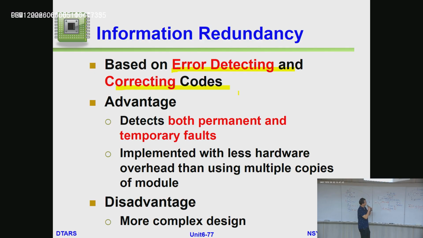Pay attention to these two ideas. Every time we want to check whether your signal is correct or not, we need to add some more bits into your data. That is the encode. And then when we read the data, for example from the memory, we decode, trying to check if there are any errors in your memory data. So later we have these two ideas.